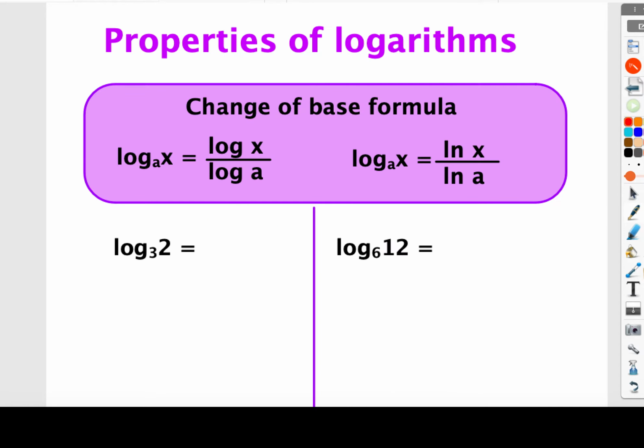So if we want to find log base 3 of 2, and I don't have a calculator that I can type that base into, we can just take the log of what was inside, the log of 2, and divide that by the log, using common log both times, of what used to be the base. And now if I open up my calculator, I should be able to calculate that number just by typing in some simple common logarithms.